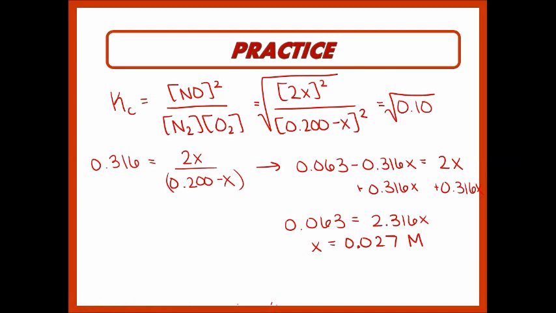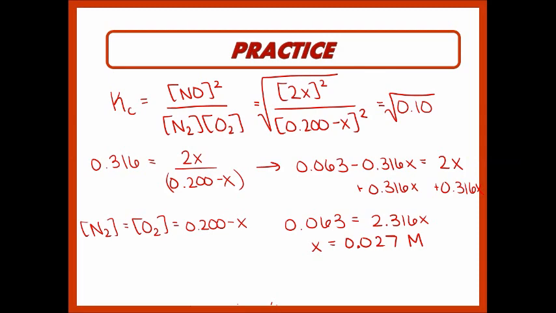Now remember, this isn't going to be the final answer to the question because we were asked to find the equilibrium concentrations of the reactants and products at this temperature. So the equilibrium concentration of N2 is equal to the concentration of O2, which is going to be 0.200 minus this x value that we just solved for.